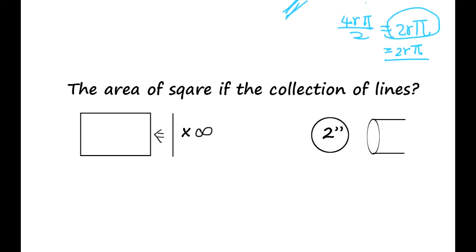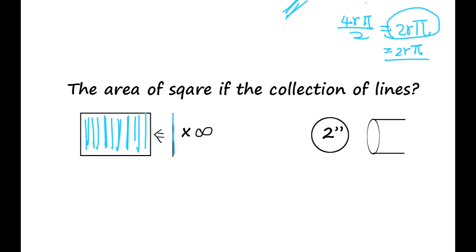So here's a question. At some point some student asked this kind of question to a math teacher. What is area? Maybe area is an infinite number of lines collected. That makes area.